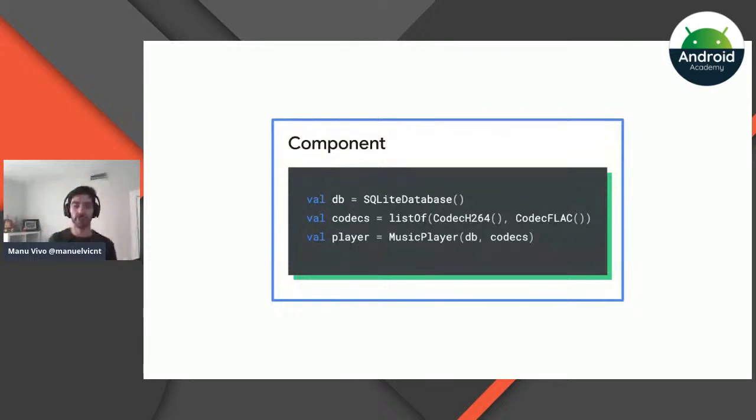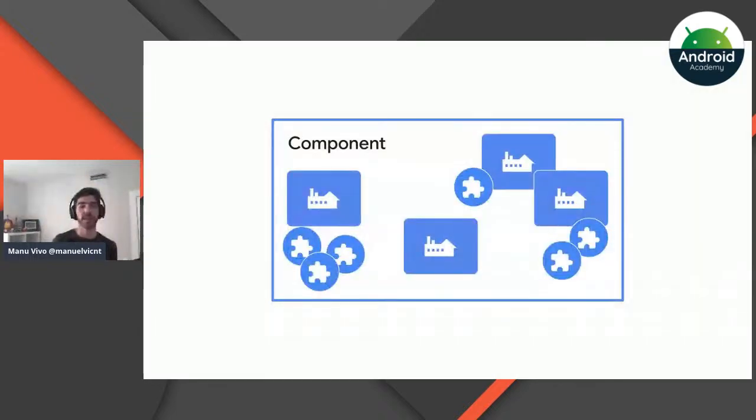And basically, under the hood it is using factories. So Hilt, for every type that you might have, it can do some optimizations later, but basically it's going to have a factory to create the music player. It's going to have a factory to create the database, and that's another common design pattern that Hilt uses under the hood.